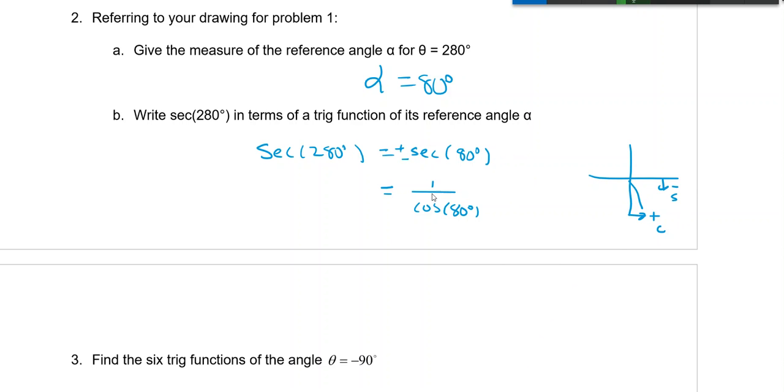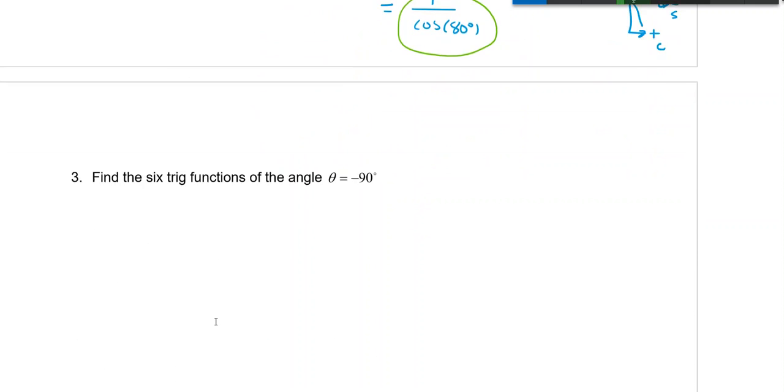The cosine being positive means I could put a positive here, and you can leave it there if you like, but you don't really need it because it's positive by default. And there's your secant 280 written as 1 over the cosine of 80. That's a trig function in terms of a trig function of its reference angle.